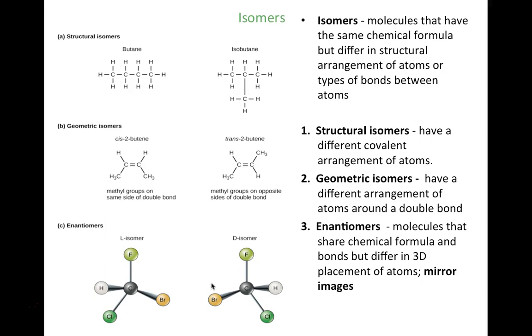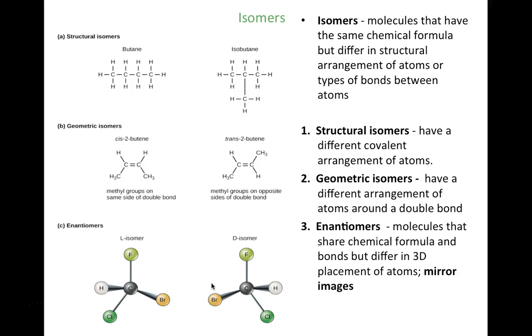And if the arrangement is simply a difference in arrangement, we call those structural isomers. If we have a double bond somewhere within that structure, and we have the arrangement of certain components of those molecules on different sides of that double bond, we call those geometric isomers.